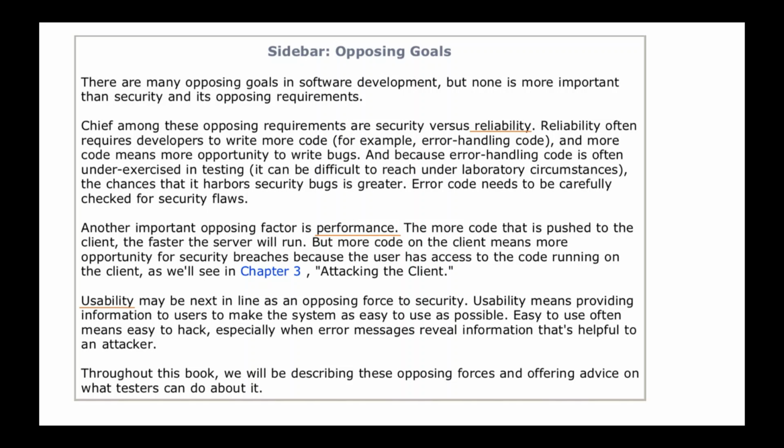So we don't want to allow the attacker to see what we do or how we communicate. There is some communication we don't care about, but there is some communication we really care about. So when you think about performance, and pushing more code to the client side, think about this point.